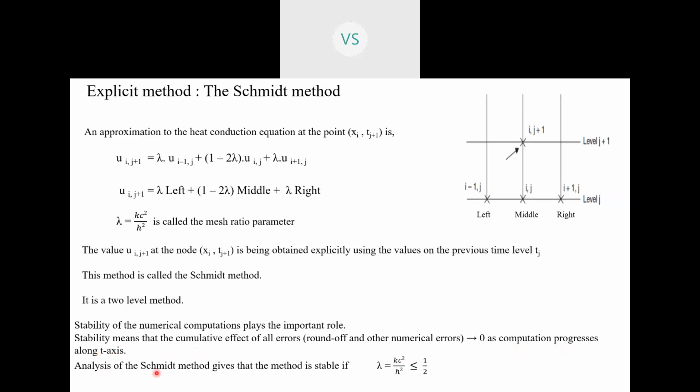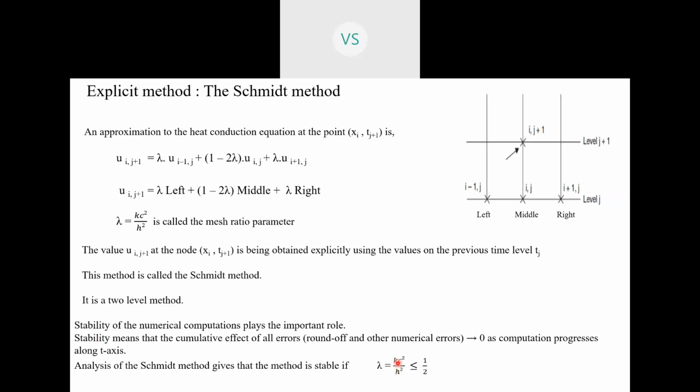So analysis of the Schmidt method gives that the method is stable only if this condition is satisfied, that is, lambda should be less than or equal to 1/2. For stability of this method, lambda should be at most 1/2, and the value depends upon k and h².